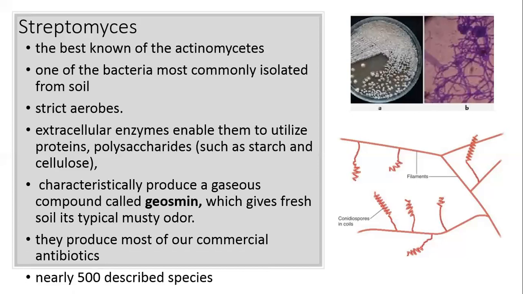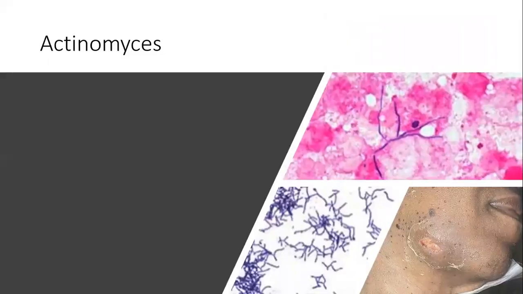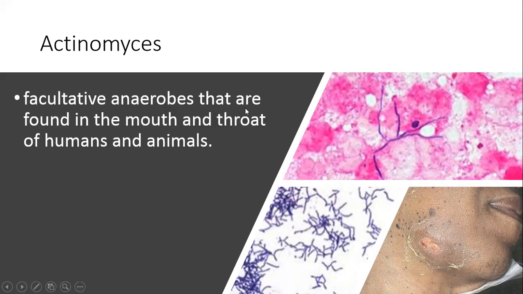Then we have a genus which is known as Actinomyces. It is the genus which has some pathogenic importance. They are anaerobes, facultative anaerobes, and they are found in the mouth and throat of humans and animals.